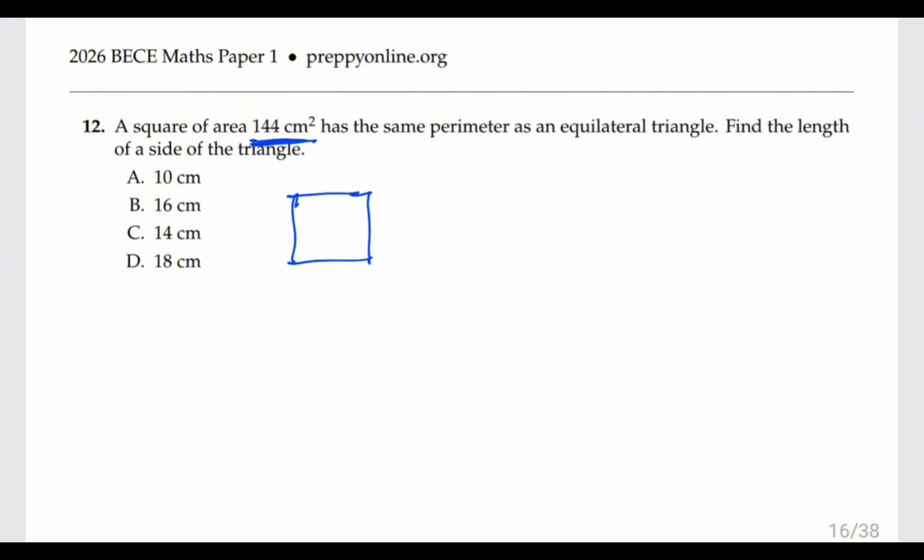If you have a square with this side being L, the length of that side is also L. And the area of the square is equal to L squared, or L times L.